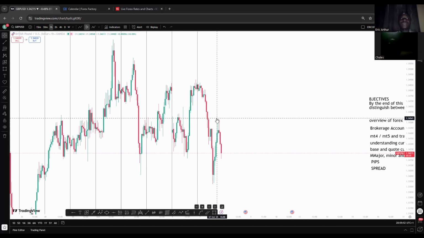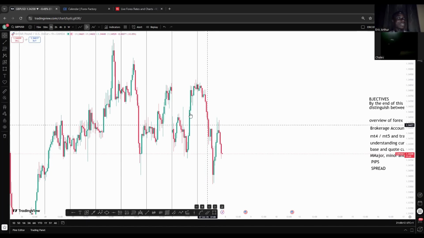When the buyers are more than the sellers, the price pushes up. And when the sellers are more than the buyers, it pushes down. So if the buyers are plenty, automatically the price of that currency will go up because most of the people are buying it.